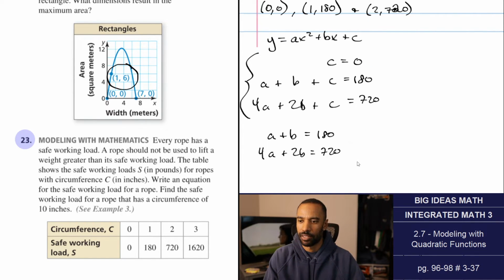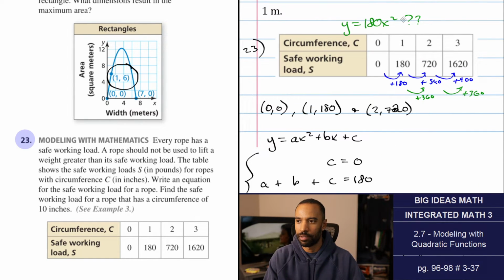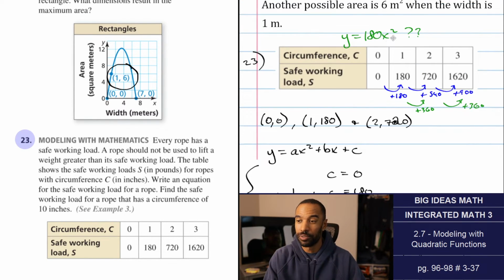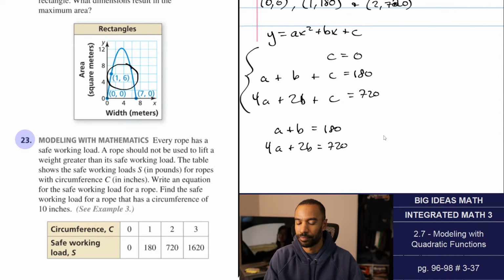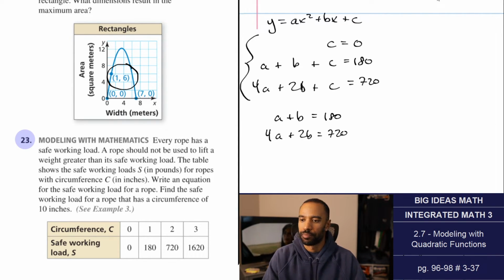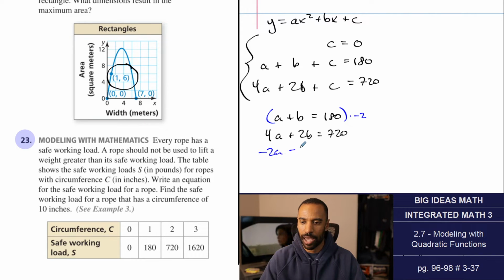So with that in mind, I'm going to shift this over a little bit. I'm guessing this is the equation, by the way, because this said c was 0. If c is 0, then it's very possible that we have a... That's not necessarily true. Ignore what I said. I don't know what's right there yet. Let's eliminate b. Let's multiply left and right by -2. We'll get -2a minus 2b equals -360.